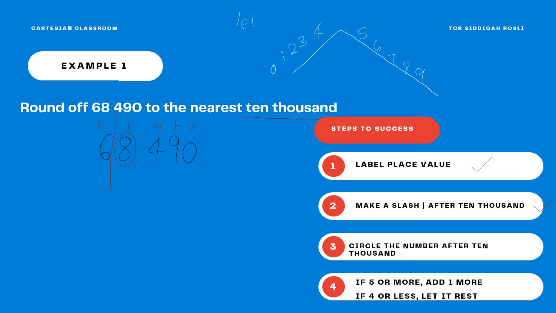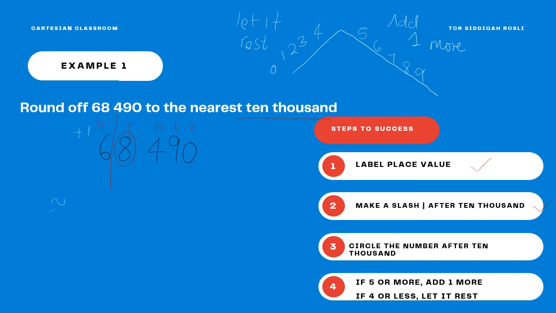So let it rest, and here would be add 1 more. So what is the number that we circle? It's number 8. So where is number 8? Number 8 is over on this side where it says add 1 more. So we're going to add 1 more to 10,000.